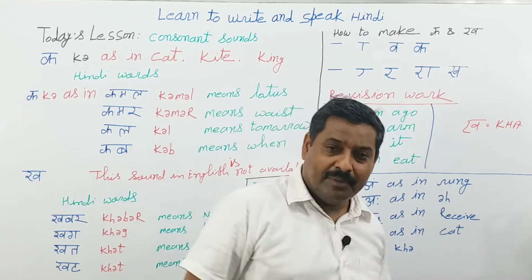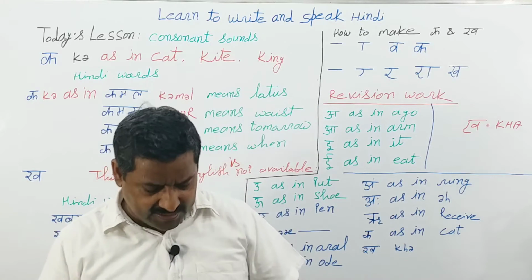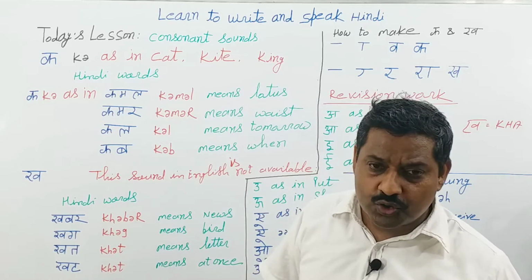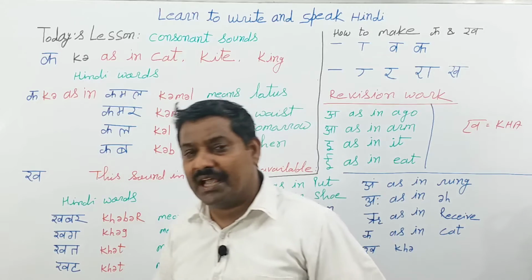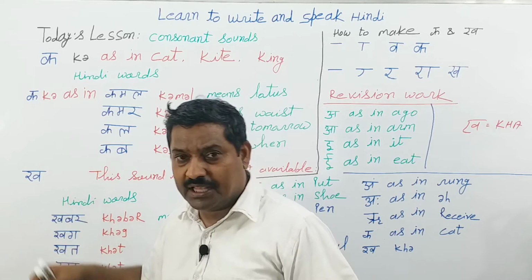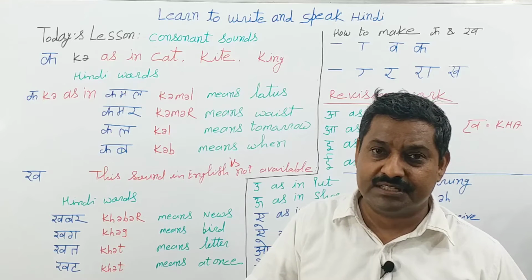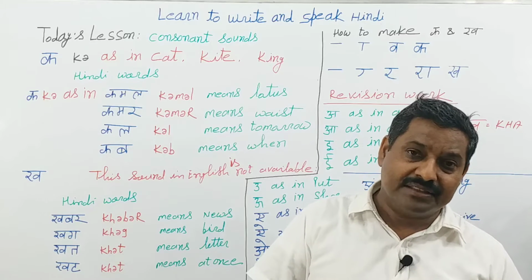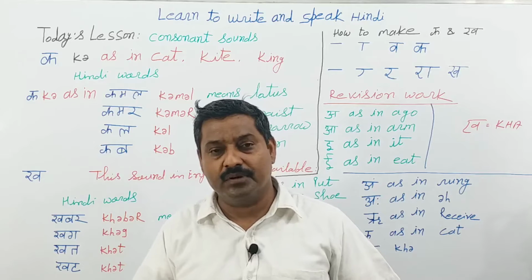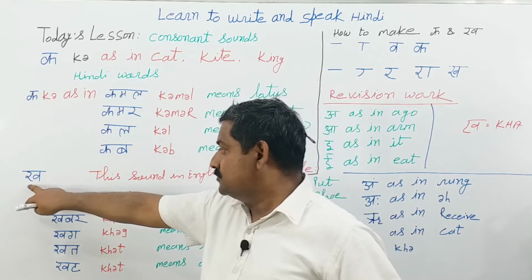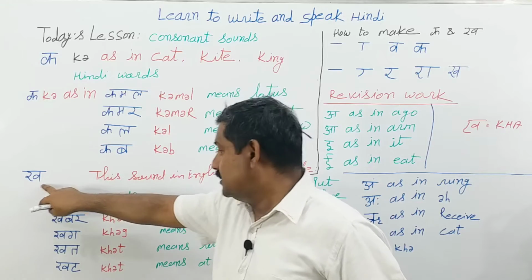But actually, there is no sound available in English for this. So those who want to learn Hindi will have to learn to produce this sound, like we learn to produce English sounds that are not available in Hindi. So, kha.